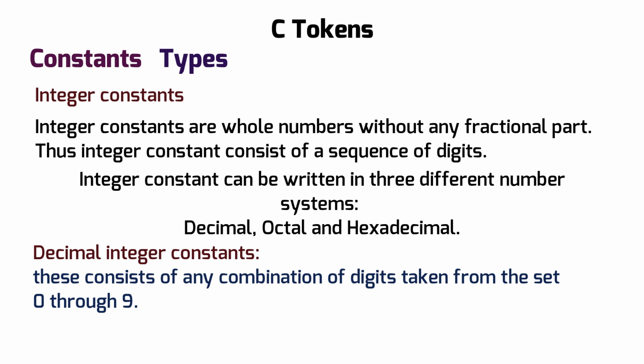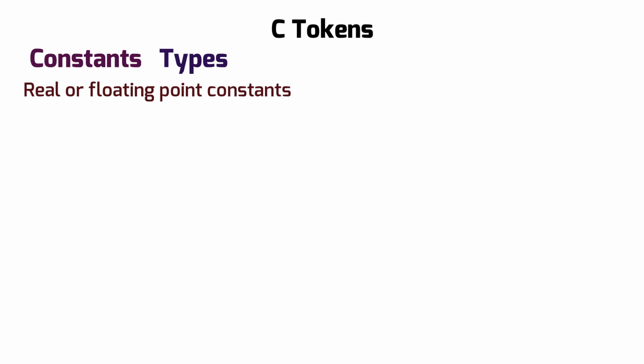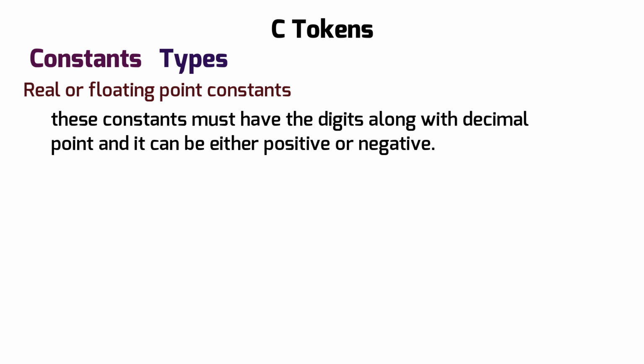The following are valid decimal integer constants. Then real or floating point constants must have digits along with the decimal point, and can be either positive or negative. Examples are like this.